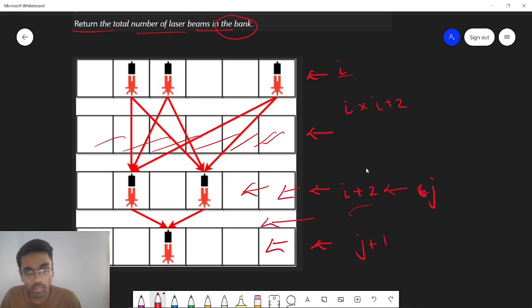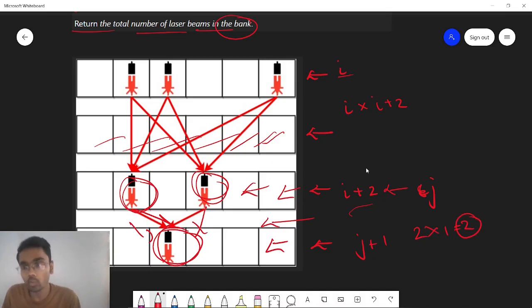This row has two devices, this row has two devices, so yes, there is no row in between which has some other devices. So we can connect these two rows and form laser beams with them. So again, these two will be able to make a laser beam with this one. So how many beams will be formed? These 2 into 1. So a total of 2 beams will be formed by these two rows.